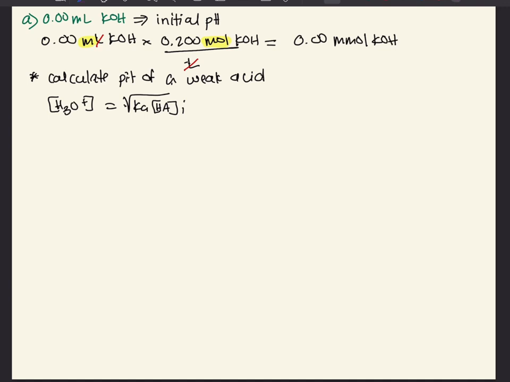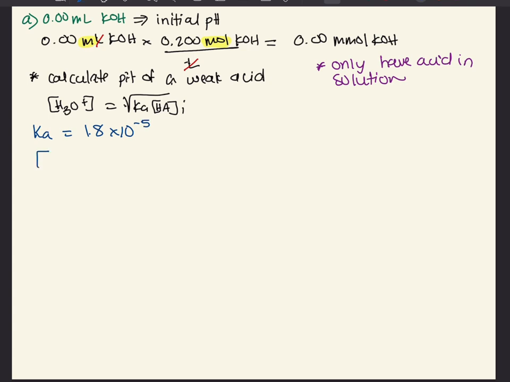So again, at this point, we only have acid in solution because we haven't added any base. So I am going to have to look up the Ka value for acetic acid in my book. When I do that, I get Ka is equal to 1.8 times 10 to the negative 5.